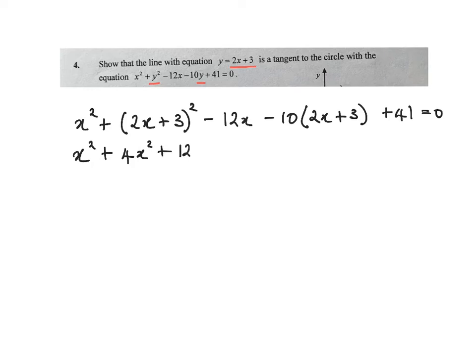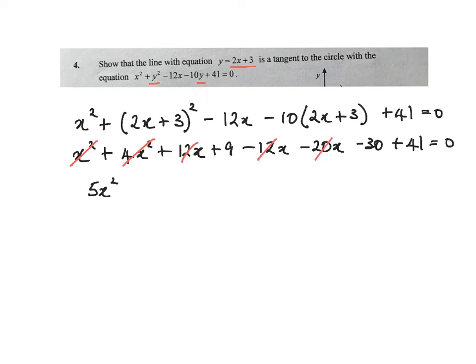That's going to be 12x plus 9 minus 12x minus 20x minus 30 plus 41 equals 0. Start gathering together like terms. Well, x squareds, we've got 5x squareds. 12x, take away 12x, 0 minus 20x. 9 plus 41 is 50. 50, take away 30 is 20.